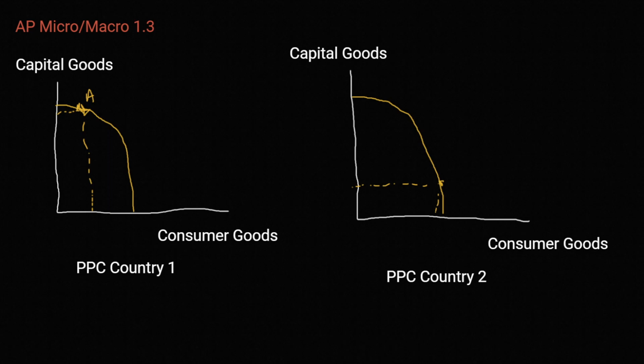But generally, as time goes on, economies will grow. And so this country might grow and be able to produce more capital and consumer goods. This is a shift in your PPC due to economic growth.